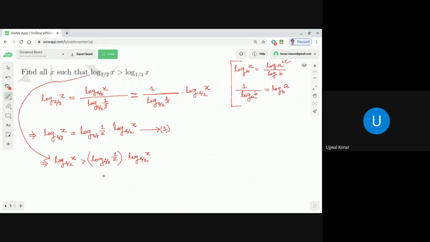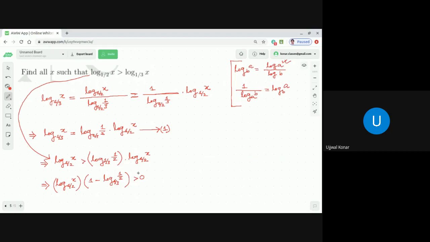Now, from this inequation, dear students, I can take log of x base 1 by 2 common. Then we are going to get something like this: 1 minus log of 1 by 2 base 1 by 3 is greater than 0.